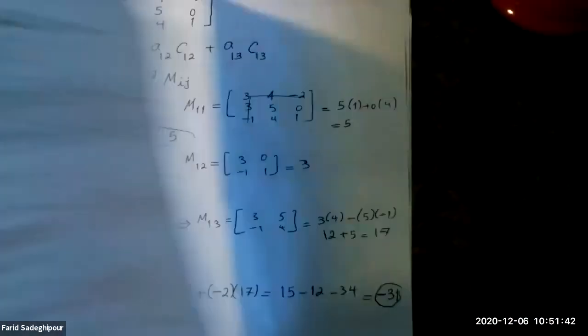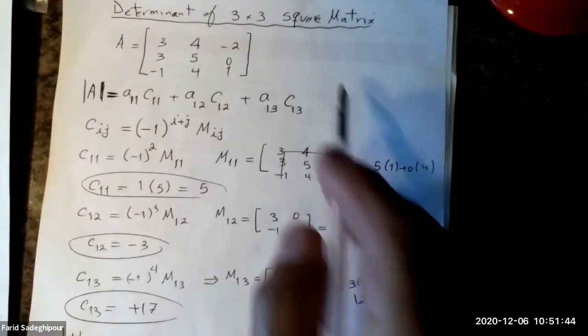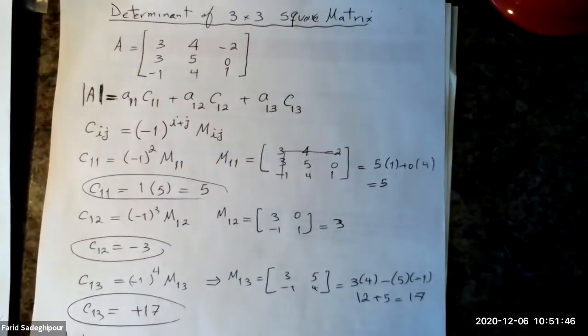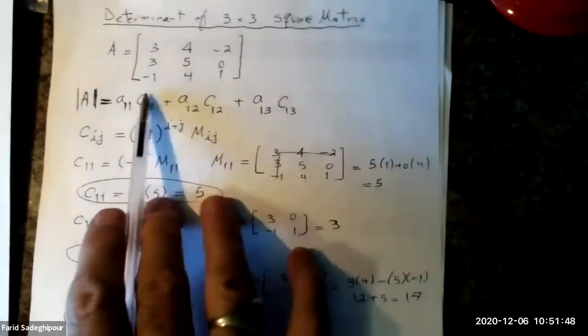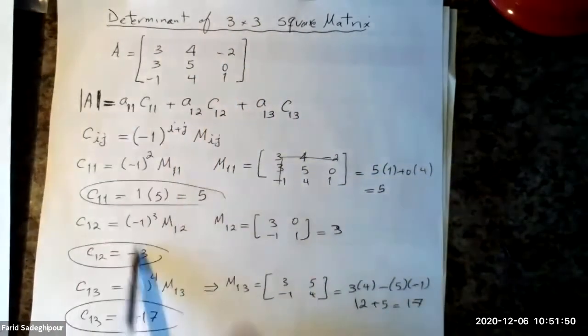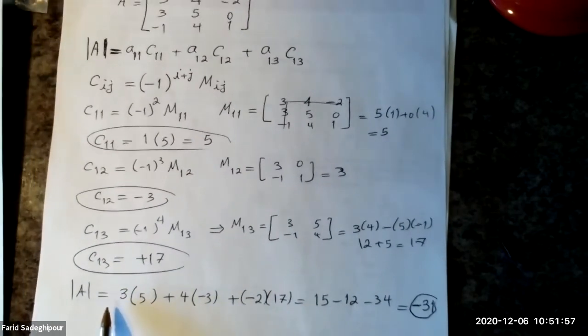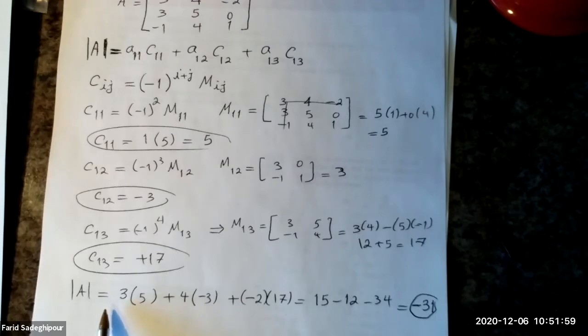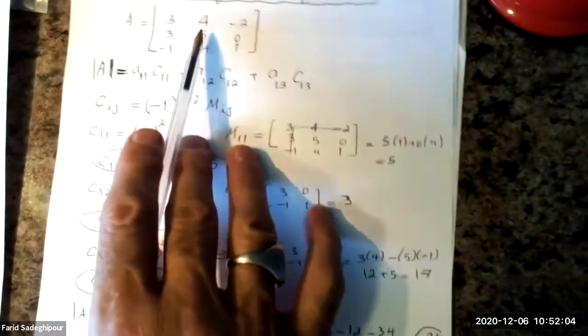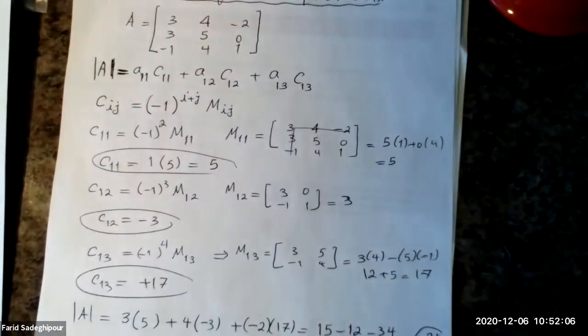So here, and now I have the complete calculation here for you to see, for the different examples, I'm sorry. For this one, I'll show you the complete calculation of how to find the determinant of a 3 by 3 matrix. So what I did, I took the first row. You could take any row if you want, or even any column.